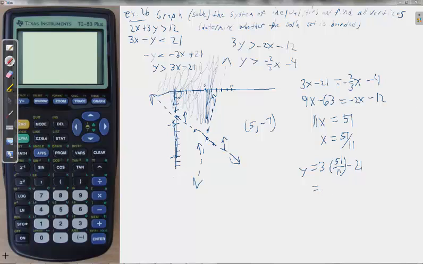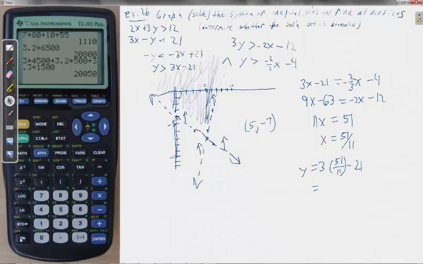And then y would be 3 times 51 over 11 minus 21. So this is a job for the calculator. I could work it by hand, but I've got the calculator to do the arithmetic for me, so I might as well. I was right. It's very close to where I expected it to be. Negative 78 over 11.